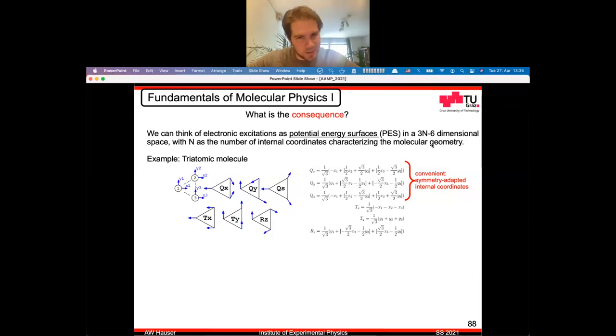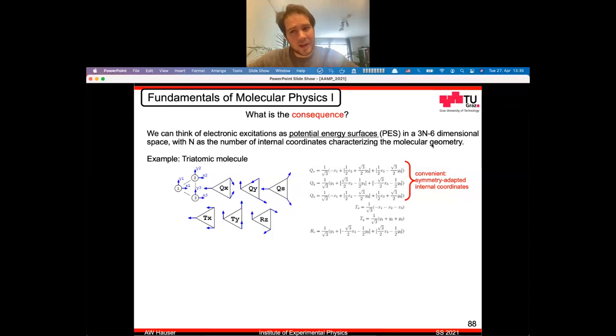gives us the answer. It says, in order to be accurate, I have to describe my total wave function that corresponds to the total molecule, including electrons and nuclei. I'll have a linear combination of the whole basis I have of electronic states, not just the ground state, but all possible excitations as well.